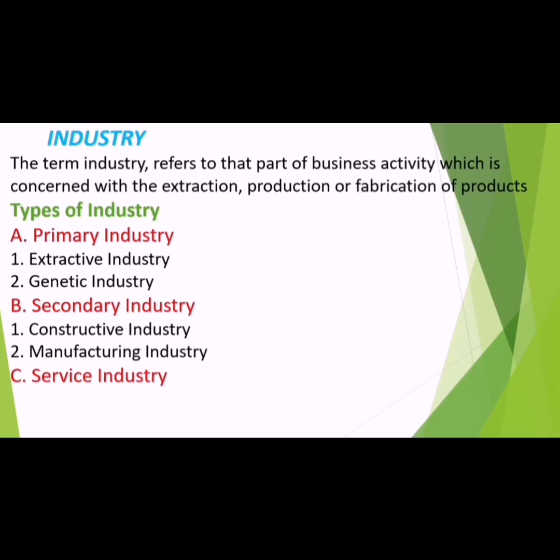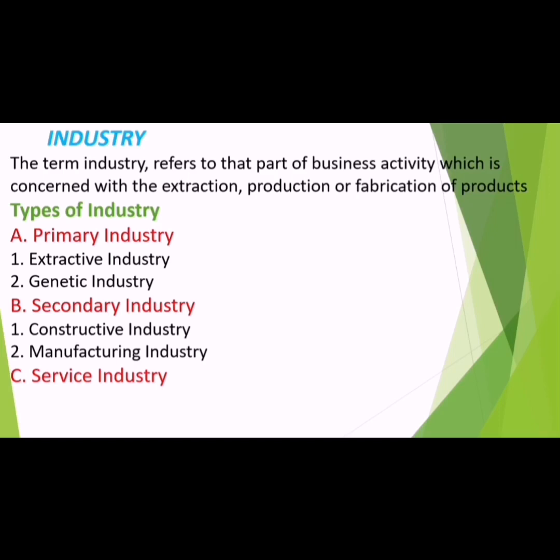Now finally, intermediate goods which are also part of industry. Intermediate goods are those which are used by the industry for further processing. You can say these goods will be converted either into semi-finished goods or into finished goods.